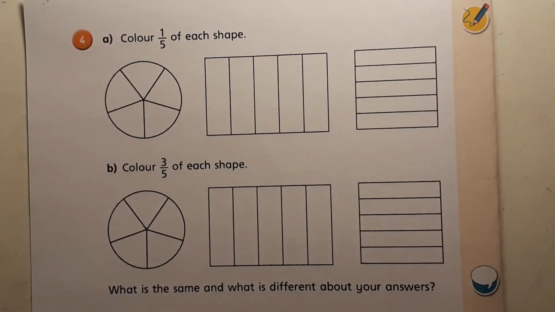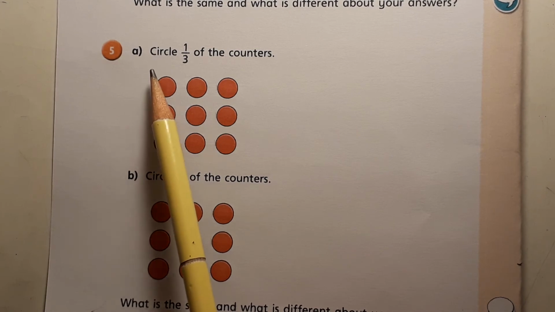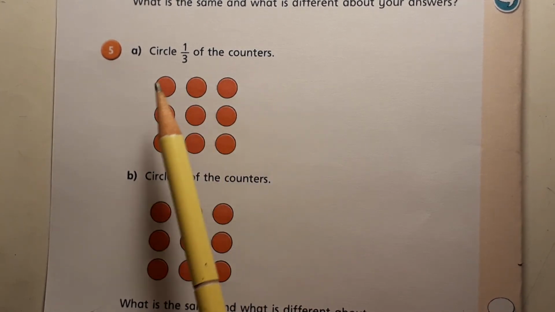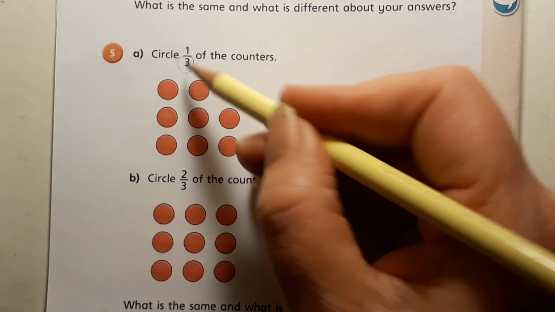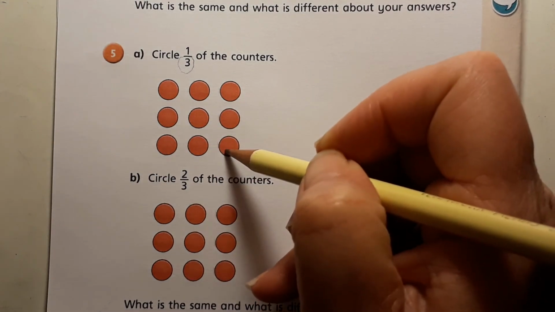So this is question number 4. That's straightforward, so we won't go through that one. We're just going to have a quick look at number 5, which says circle a third of the counters. For the first time, our denominator is actually different to our number of counters.